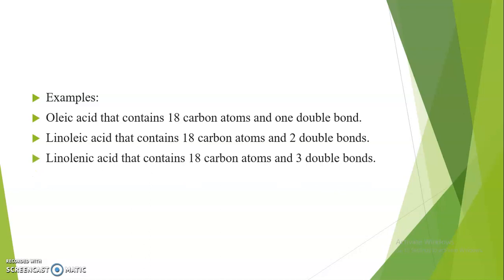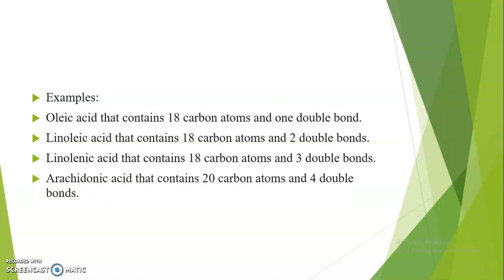Then linolenic acid contains 18 carbon atoms and 3 double bonds, and arachidonic acid consists of 20 carbon atoms and 4 double bonds. So linoleic acid, linolenic acid and arachidonic acid are examples of polyunsaturated fatty acids, while oleic acid is the example of the monounsaturated fatty acid.